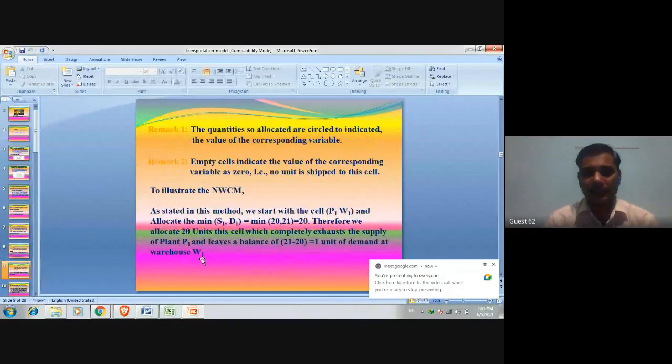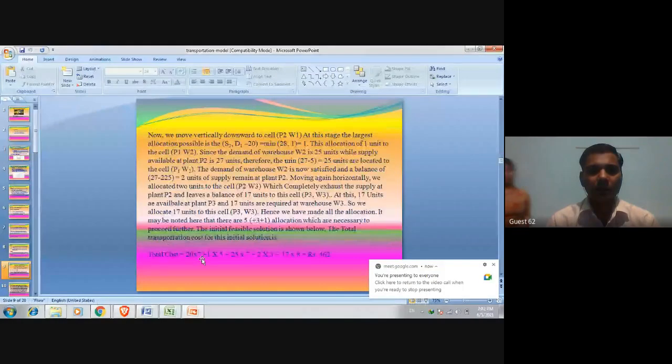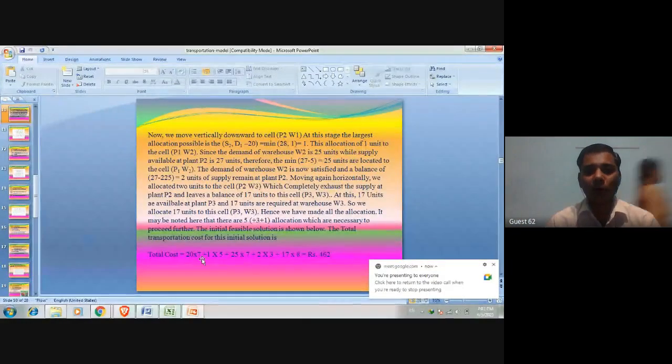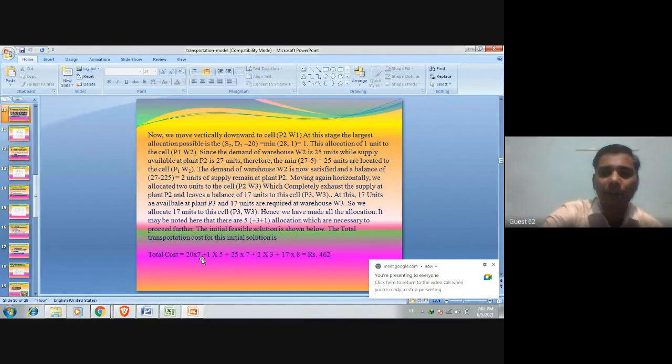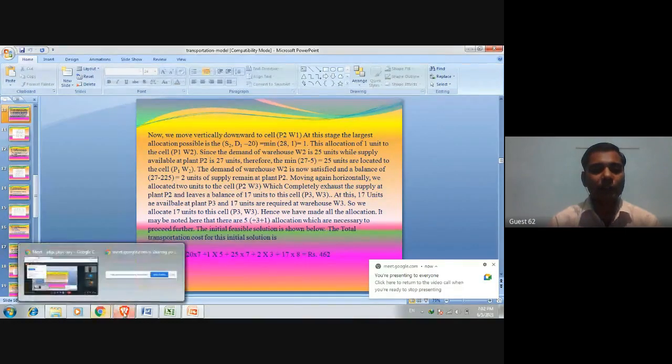Now, this is the process. Let us now move vertically downward to sell this, and this is it. This is all the process which I have told you by this example given here. Okay, that is how we have allocated all these units.